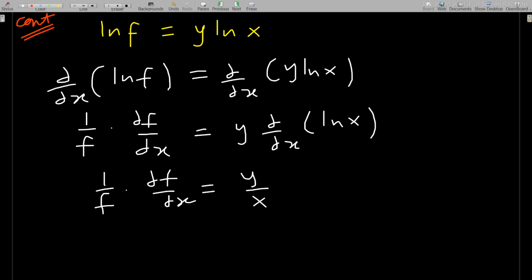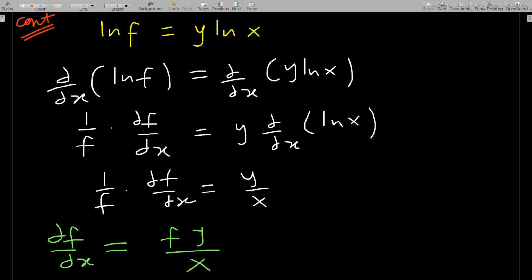So it means that this del f del x, which is what we want to find, will be equal to f y over x.